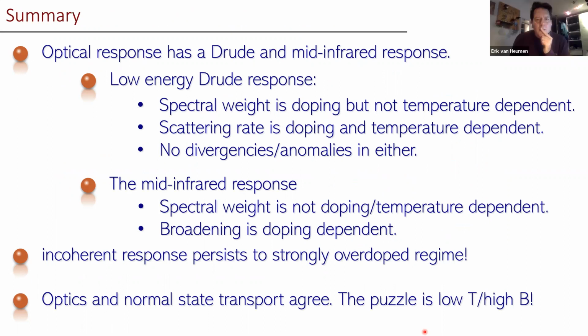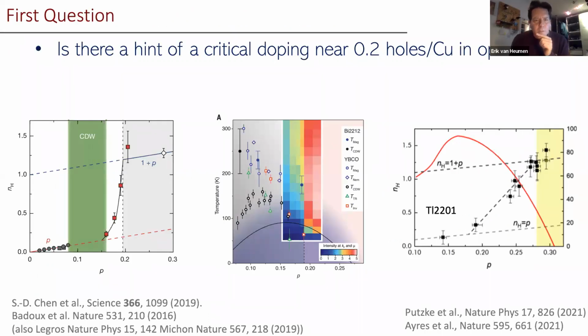Yes, so something is happening in the Hall density. Now the Hall density is measured by forcing a current through this material while applying a magnetic field.